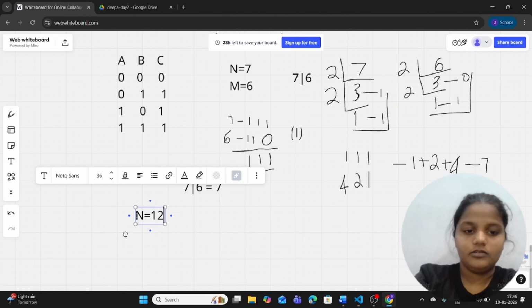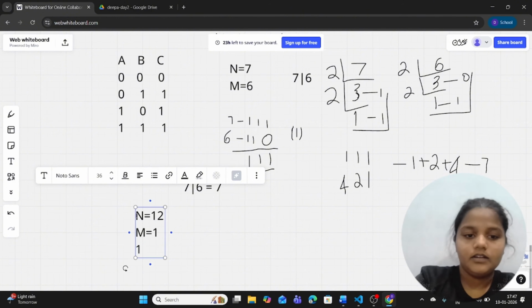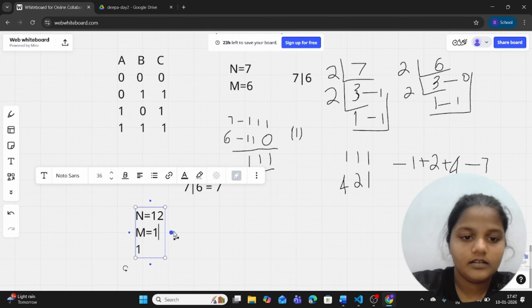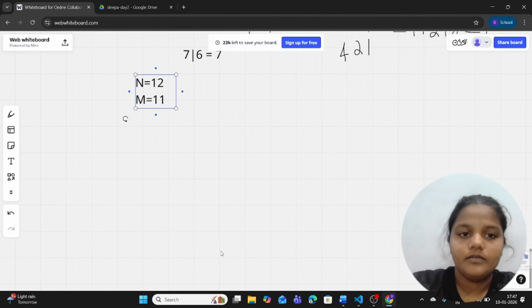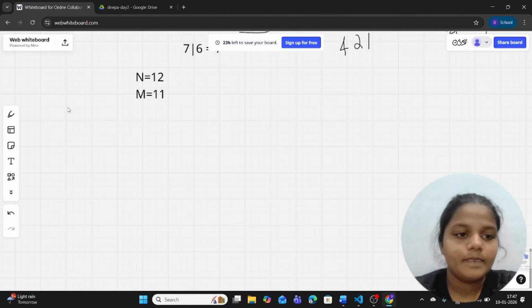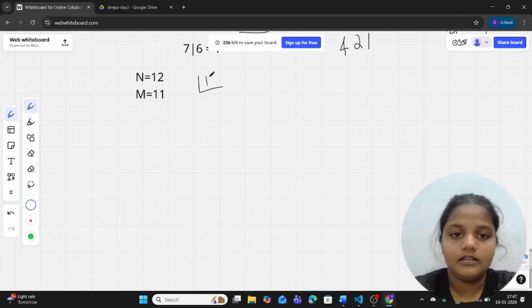Let's take n equal to 12 and m equal to 11. First, what we want to do is find the binary values. For 12, 2 sixes are 12, the remainder is 0.